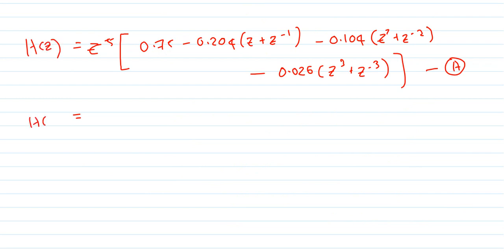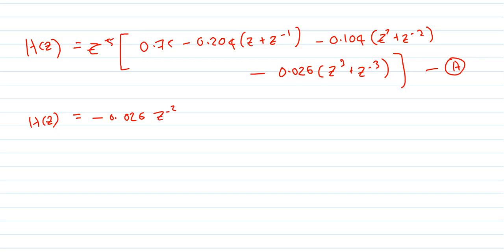If you expand it and rearrange things, outside you have a z power minus 5. It comes to minus 0.026, and the highest power is z cube; z cube times z power minus 5 is z power minus 2.